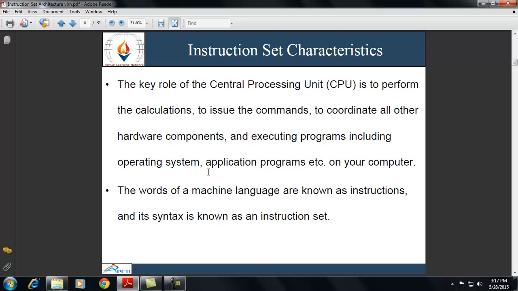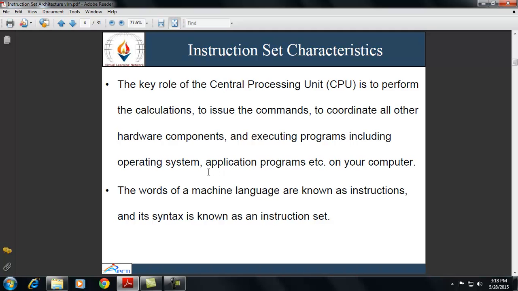If we talk about the central processing unit, we all know the work of the central processing unit is to perform the calculations, issue the commands, and coordinate all other hardware components and execute programs including the operating system and application programs on the computers. But the CPU is primarily a core hardware component, so we must speak to it in the core binary machine language.